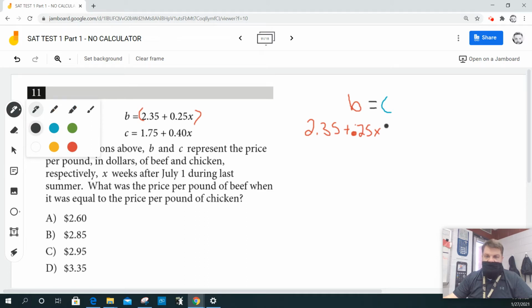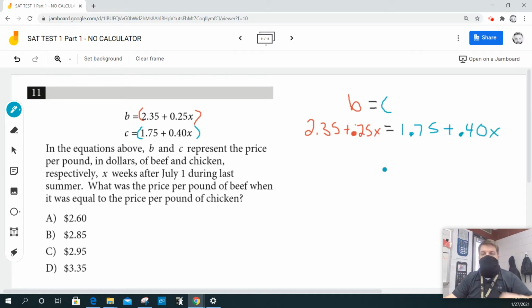Well, what was the chicken? Well, I don't know when they were equal to each other, but it's always represented by the equation 1.75 plus 0.40 times x. And x is the number of weeks after July 1st.